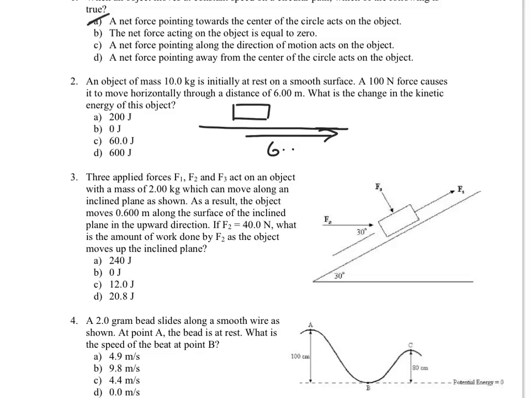So that's 6 meters, and you have a 100 Newton force. So there's a force acting on it, 100 newtons. Now, it's true that this problem is not well stated because we don't tell you that the force is horizontal, but it has to be in order for you to do the problem. Otherwise, you have to be told what direction.